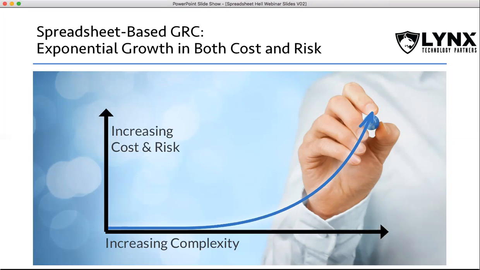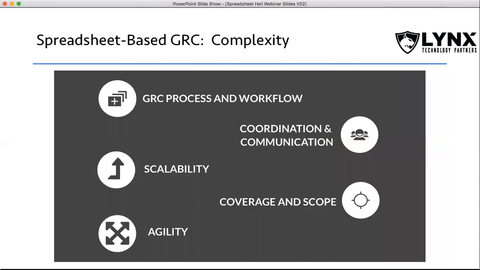So today we'd like to look at these areas of cost, risk, and complexity, and get some of Anna's real-world learnings about the challenges that pop up when using spreadsheets in GRC.